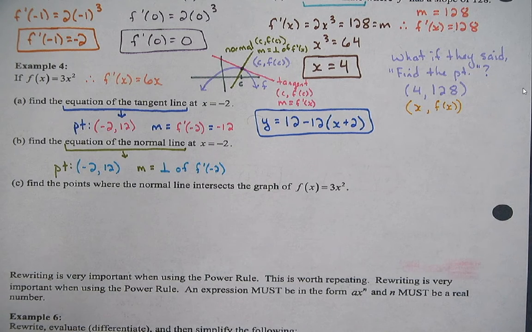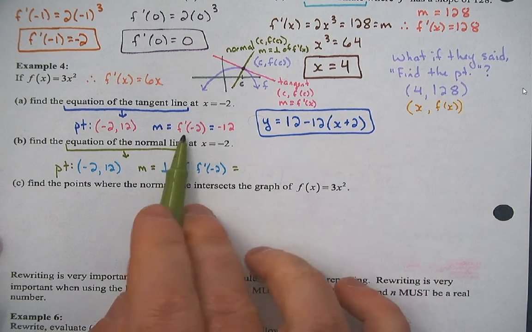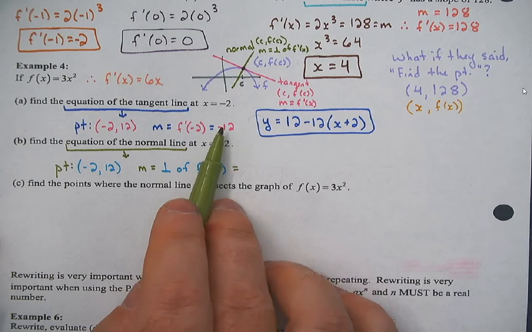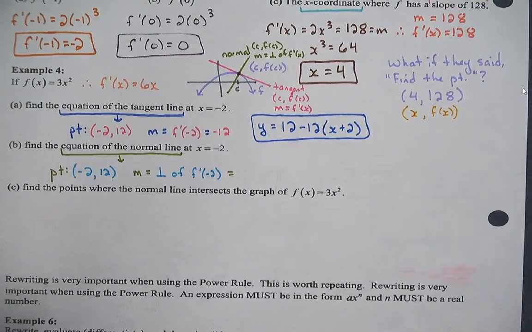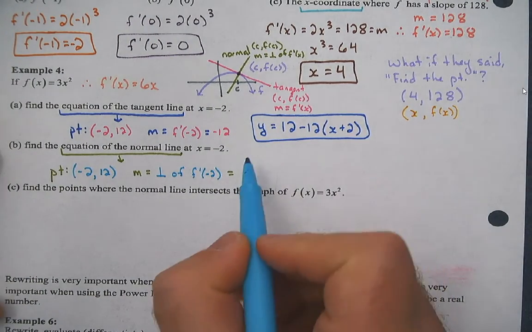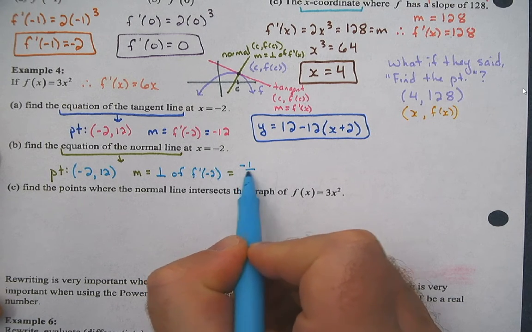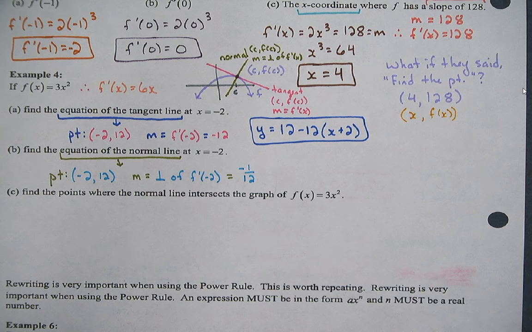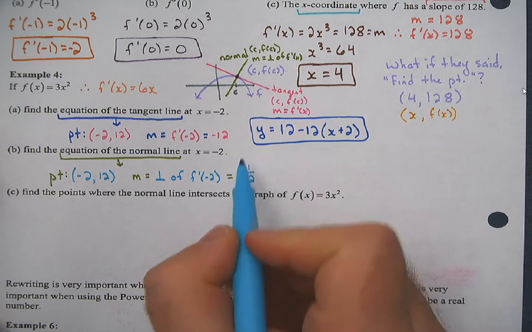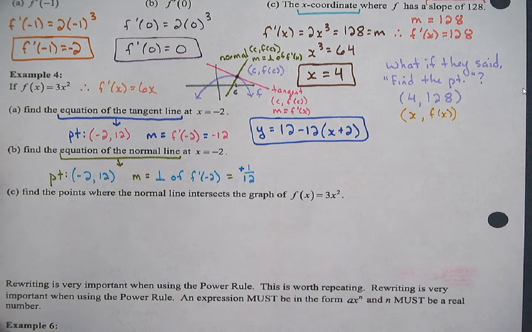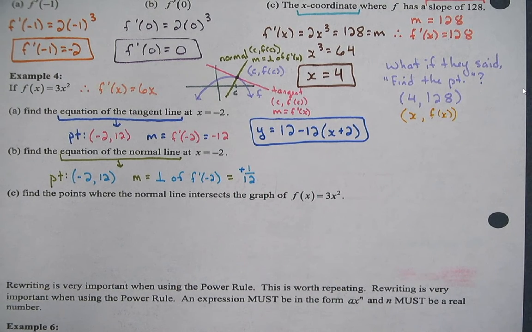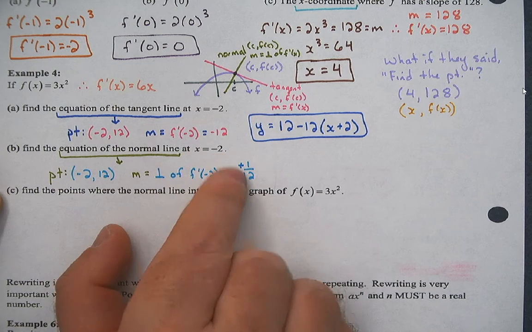So in this situation, the slope at -2 is -12. The perpendicular to that, opposite and reciprocal, would be -1 over 12. Try again, stuck. How about +1 over 12? Sorry. +1 over 12. Opposite, that's negative. I need to make it a positive.